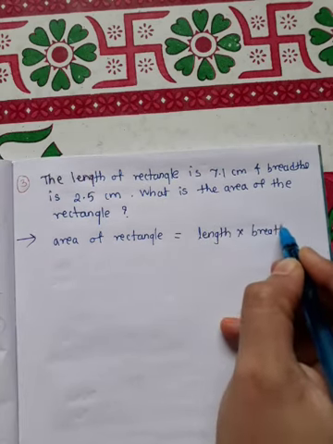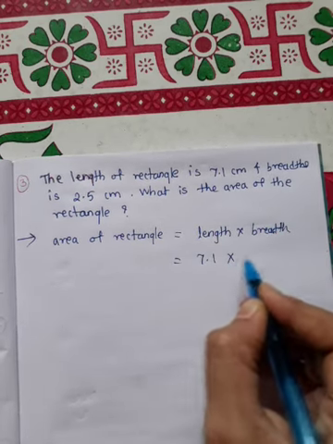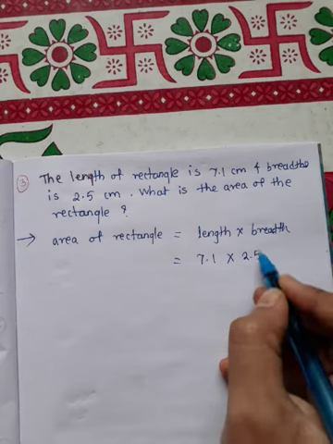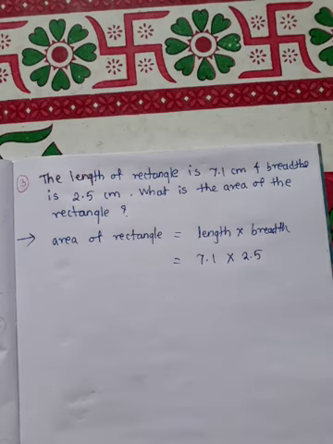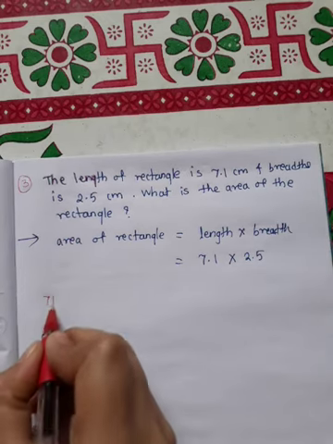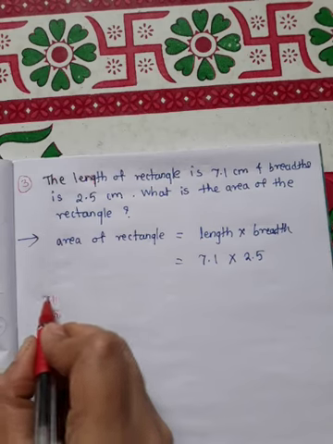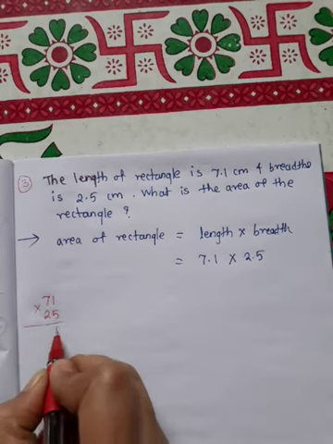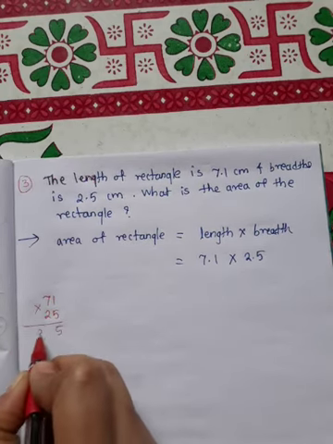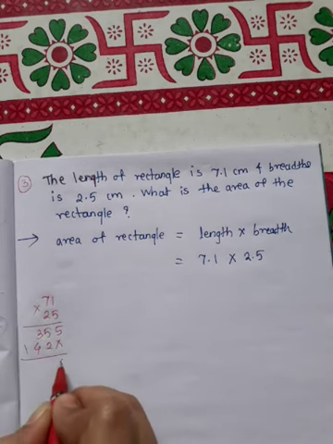So the length is 7.1 into the breadth 2.5. We know how to multiply a decimal number by a decimal number. Just ignore the decimal point and multiply. If we ignore the decimal point, we get 71 into 25. Multiply it.